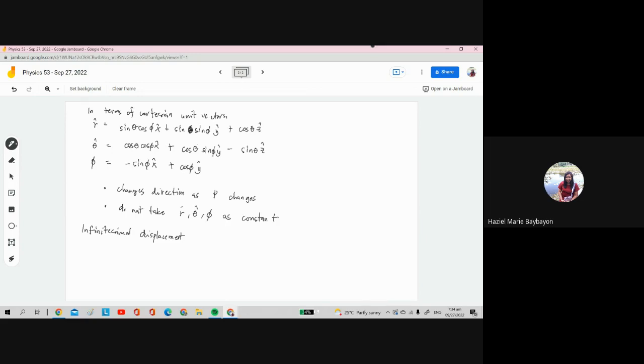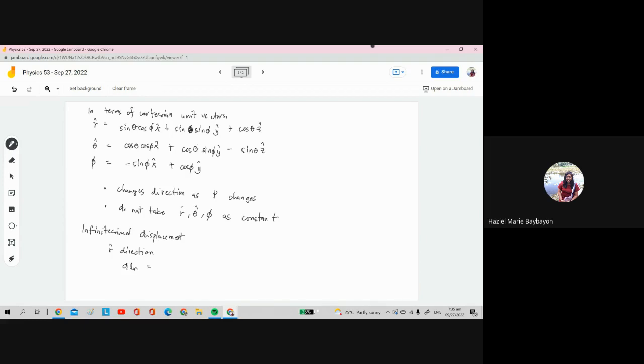So for the infinitesimal displacement element along the radial direction, r direction, we can express it as dl sub r.